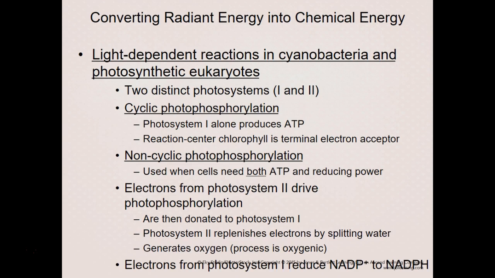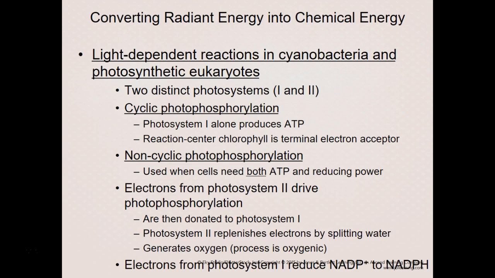We have two basic photosystems associated with this: photosystem 1 and photosystem 2. They are identified by, let's see, how were they identified? We found photosystem 1 first, and then we found photosystem 2.